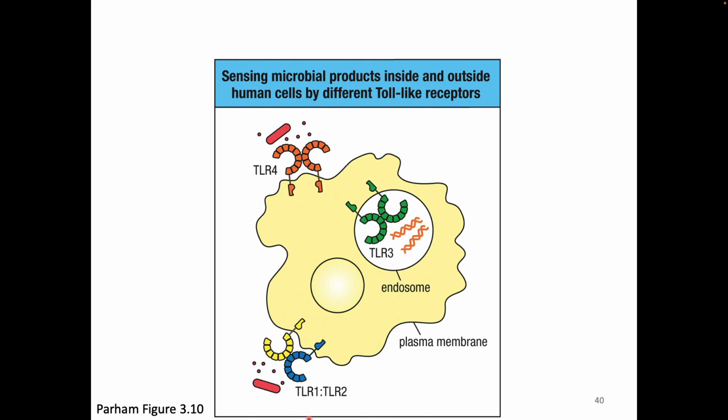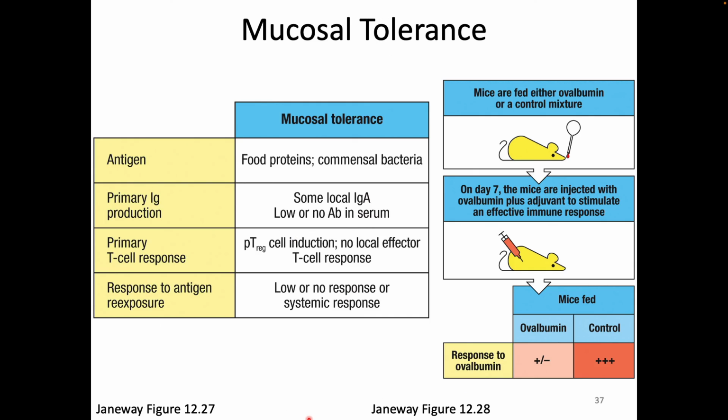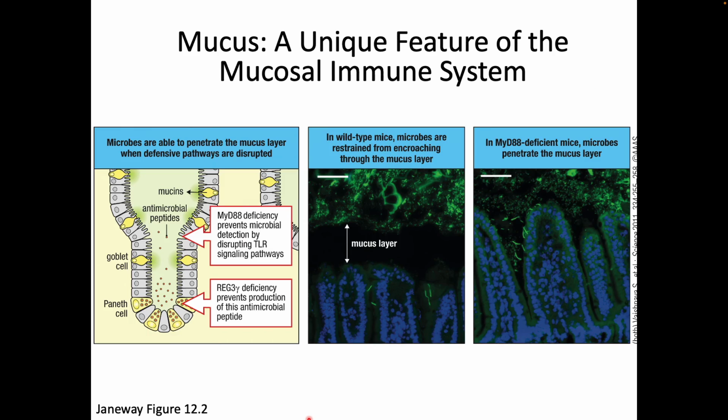There are also big differences in terms of other things like genetics and other issues that may change the amount of mucus, the thickness of the mucus layer, in terms of whether or not those microbes can actually start to interact with those cells.